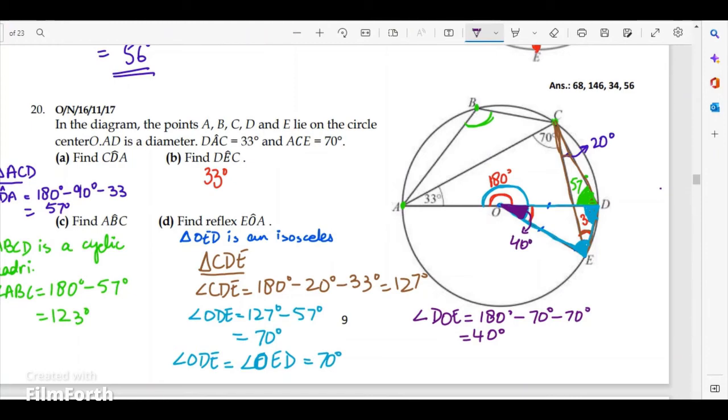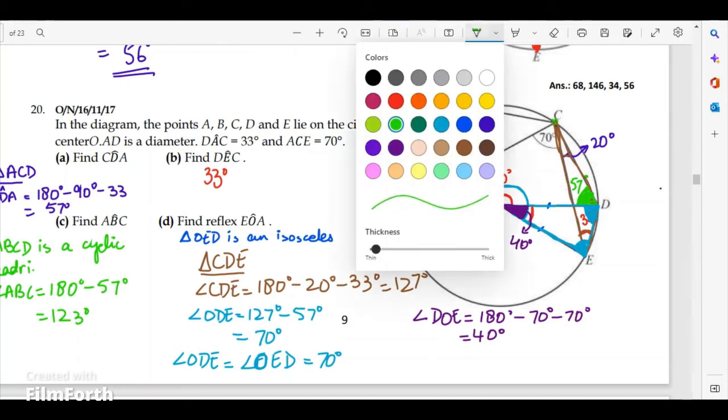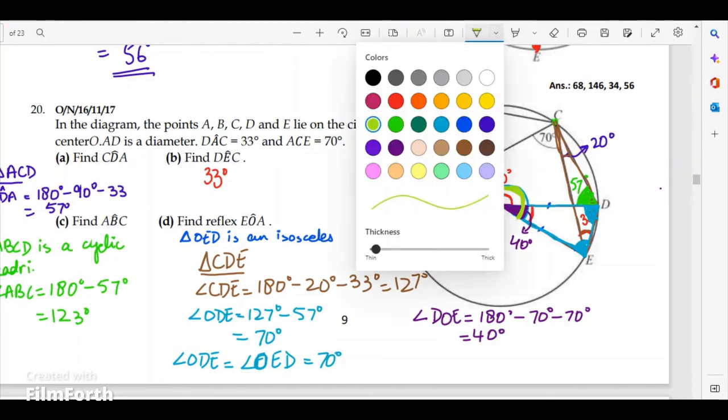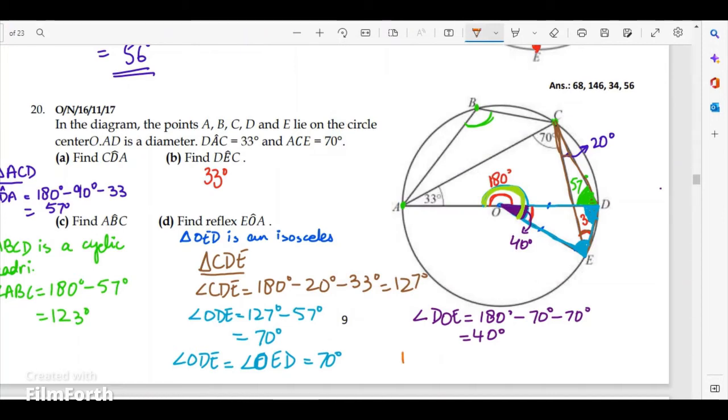So the upper right portion was 180 degrees. This lower portion is 40 degrees. So if I am now interested in finding this complete angle, this whole reflex angle, this would be 180 plus 40 degrees. So reflex angle EOA would be 180 degrees plus 40 degrees.